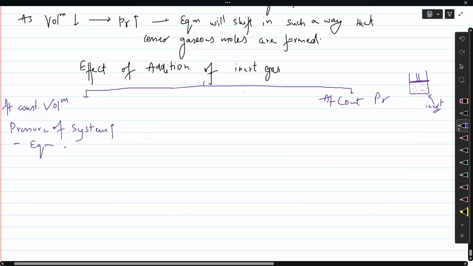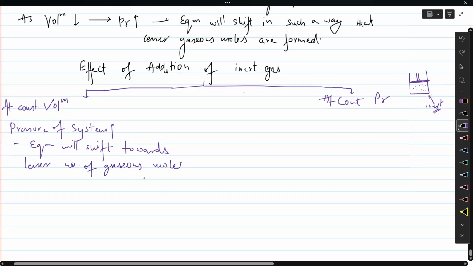Equilibrium will shift towards the lesser number of gaseous moles. Understood everybody? Yes, sir.